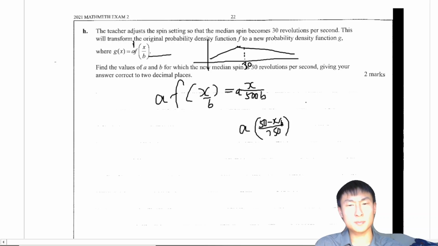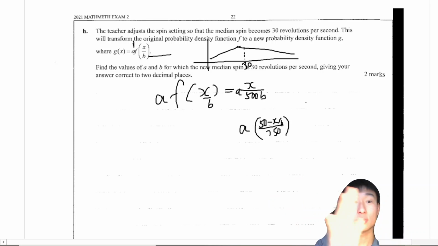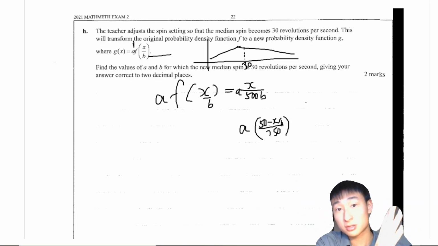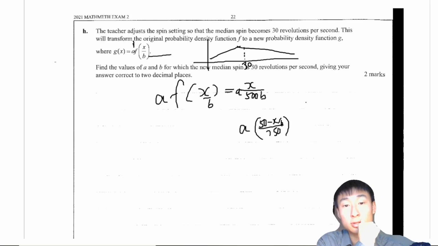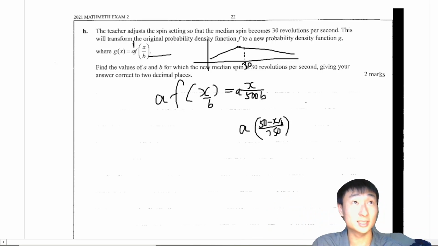Since it's been dilated by a factor of b from the y-axis, everything's gotten further away from the y-axis, which means that the new domain is 0 to 20b and 20b to 50b.